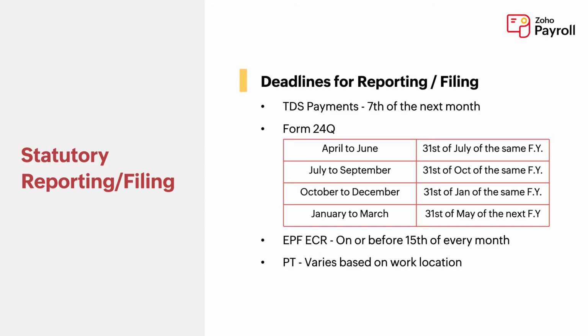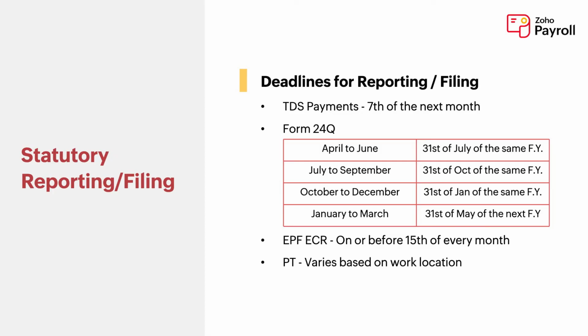Right. In this section, as you can see here, we have listed down various filing deadlines that you will have to be aware of to stay compliant with the government regulations. So in terms of TDS payments, it will be the 7th of next month. And in terms of Form 24Q, you can see the various quarters being listed here and the subsequent filing deadline as well in this little tabular column.